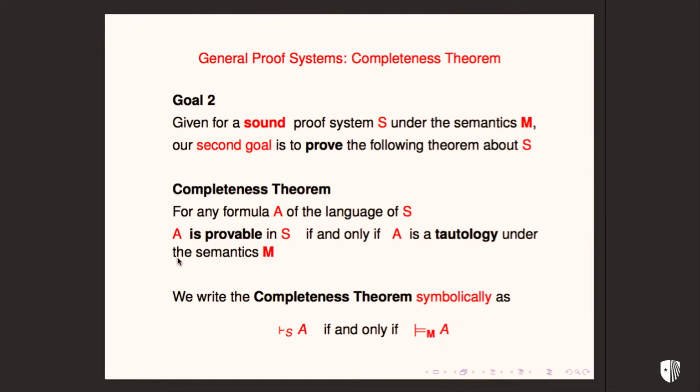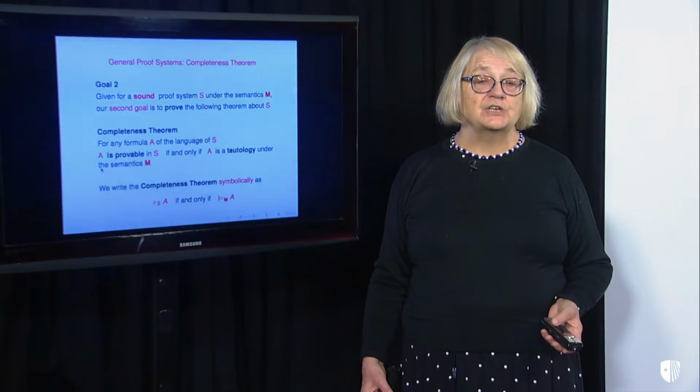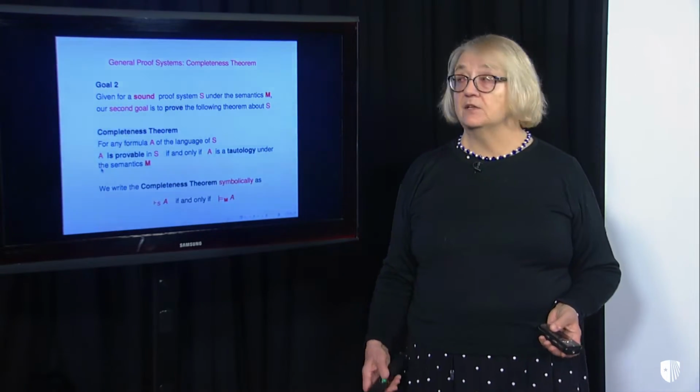So when you build the proof system for any logic or for any theory, if you know that your proof system is sound under your semantics, our second goal is to prove the theorem which is called the completeness theorem.